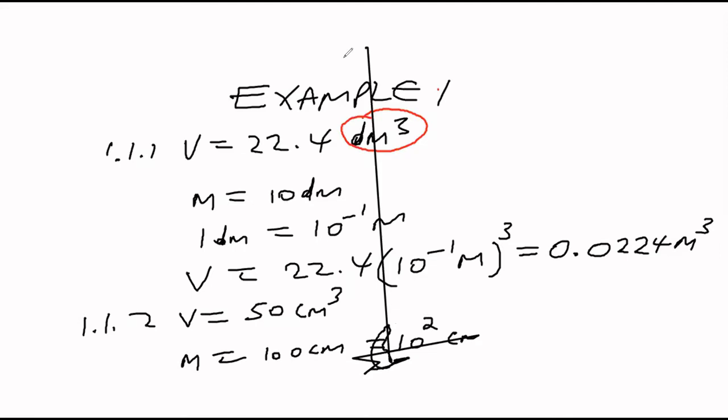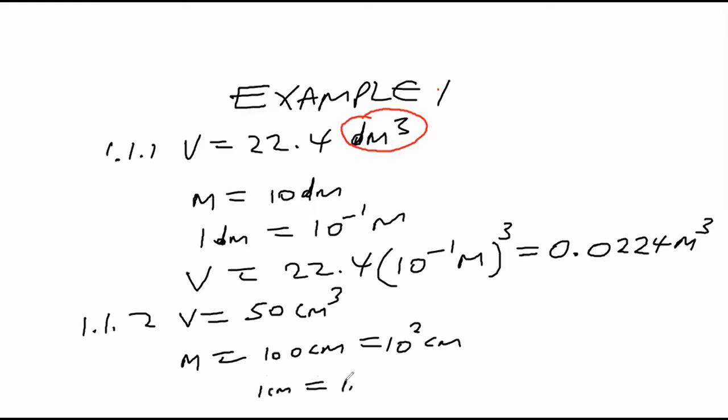So 1 centimeter is equal to 10 to the power negative 2 meters.